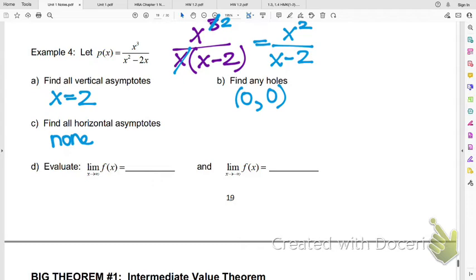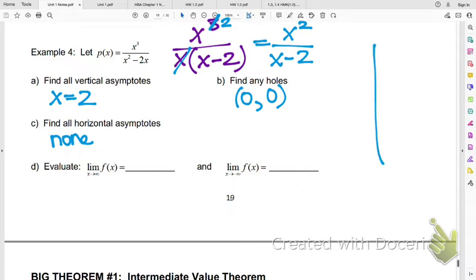Because remember, the limits at infinity and negative infinity are always equal to the horizontal asymptote. Well, I don't have one now. So we're going to have to see what that means. And that's really the only limits we're finding here. We know how to find the limits at the vertical asymptote or at the hole at this point. So what it means when we have no horizontal asymptote is that we have a slant asymptote.